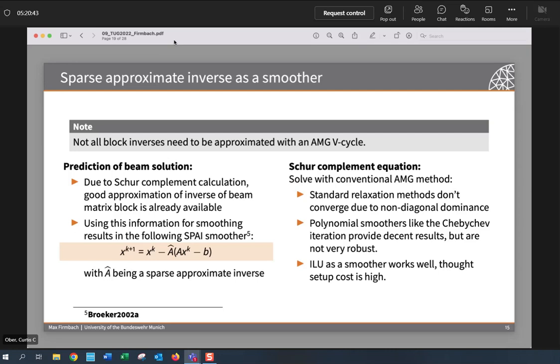And the Schur complement equation again is just solved with the algebraic multigrid method, and we use Ifpack because our in-house code depends on Epetra, so we use Ifpack's Chebyshev smoother, which offers decent results, but it turned out to be not very robust. We also use the different flavors of Ifpack ILU as smoothers, and they tend to work really well. The problem, of course, is that the setup cost here is quite high.